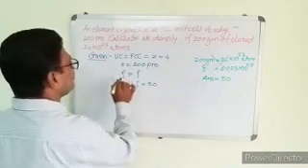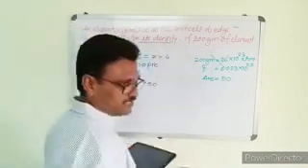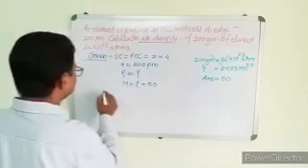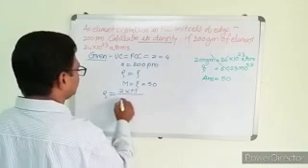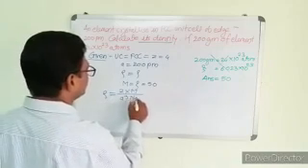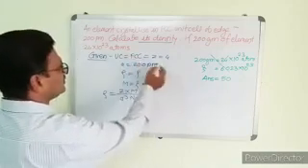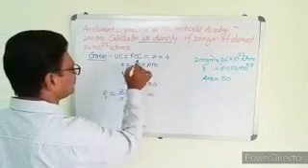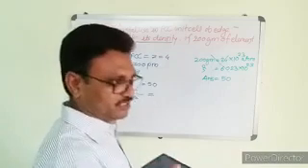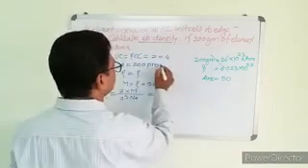So we want to calculate the density. The formula of density is Z into M upon A cube into Avogadro number. Z is given, M is given, A is given, but A you need to convert into centimeter.